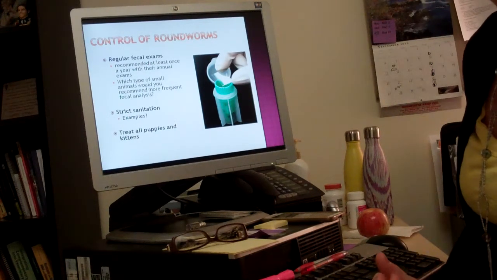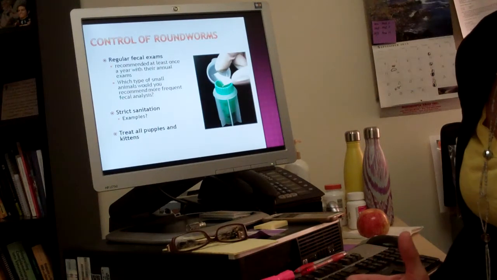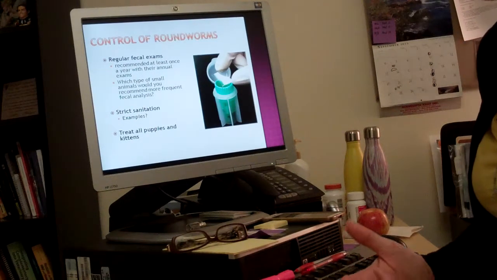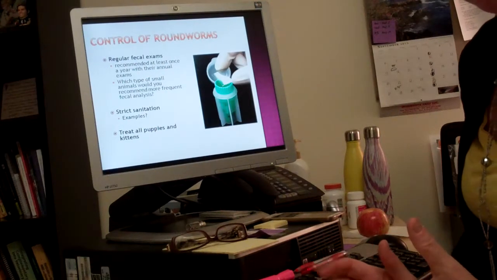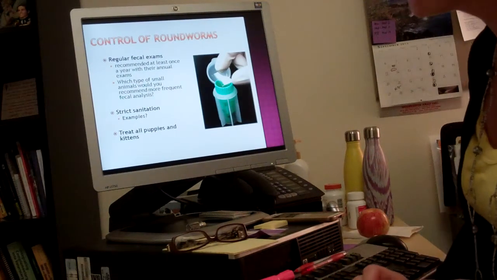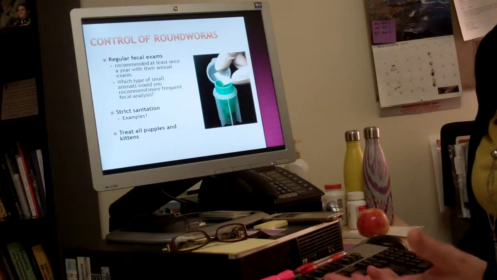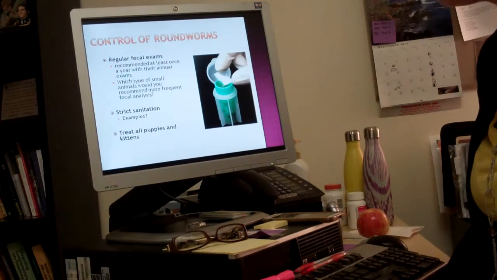We also would recommend more frequent fecal exams in animals at risk. I tend to check my dogs more than once a year because they do some hunting on our property, they do some scavenging, they're kind of funny that way. So I tend to check their feces more than once a year.